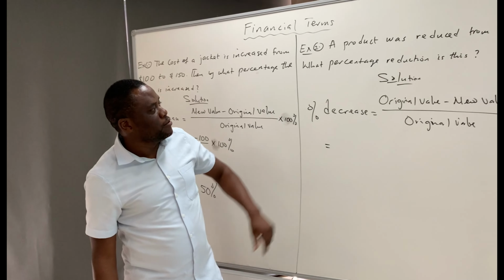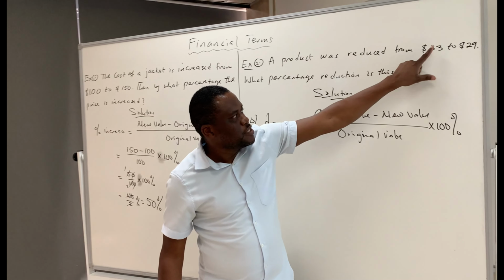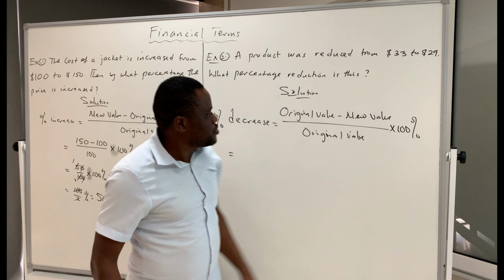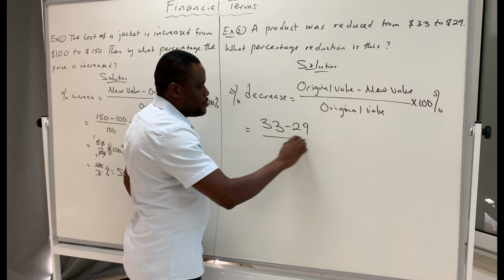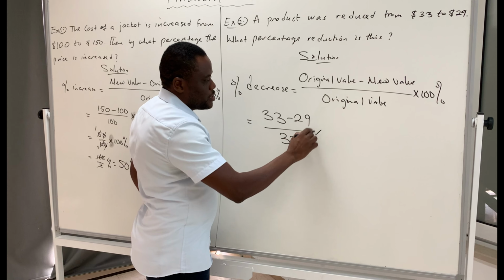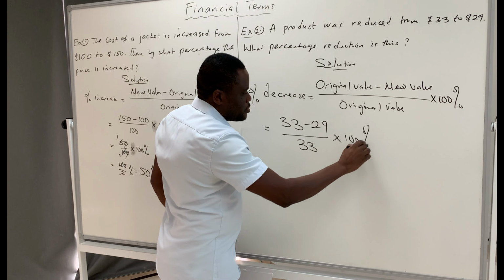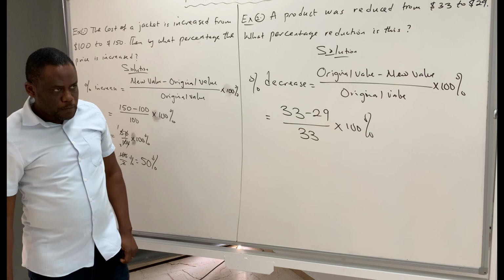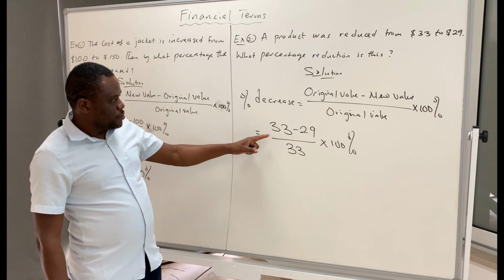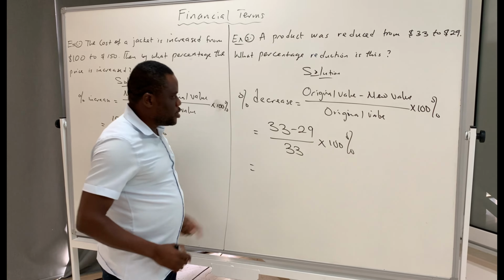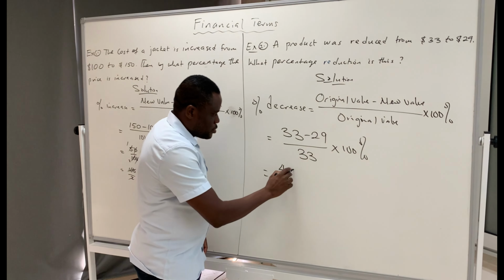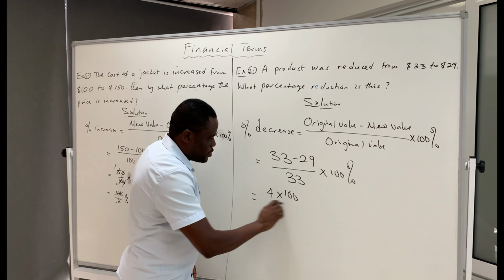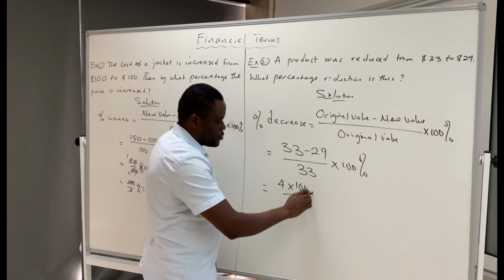So what is the original value? The original value is this. The new value is this. So we have 33 minus 29, divided by 33, times 100%. 33 minus 29 gives us 4, times 100 divided by 33%.